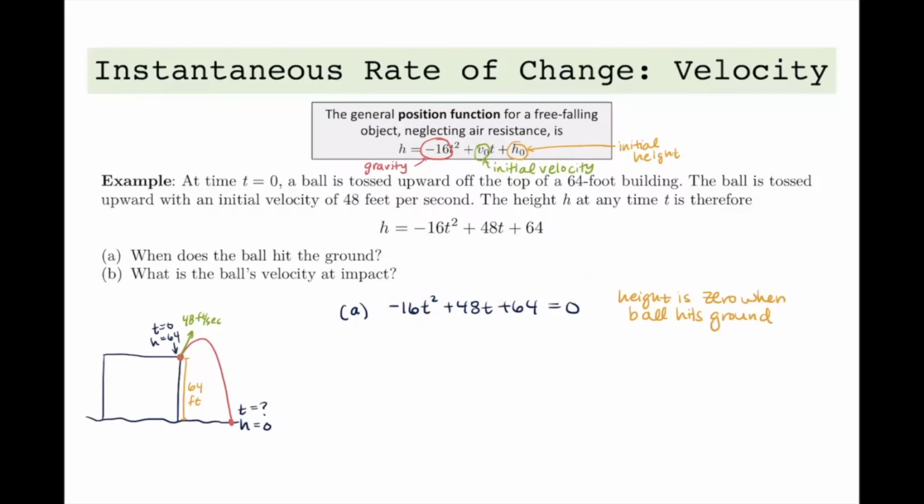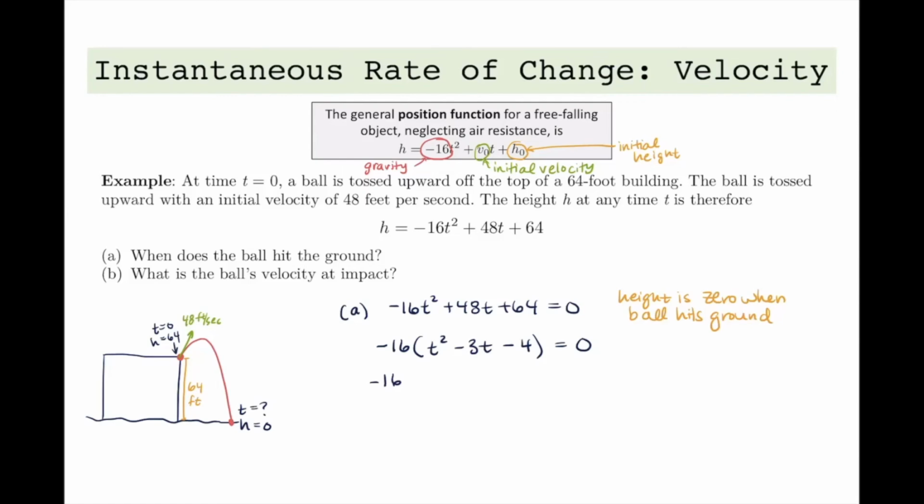It would be nice to take out a negative 16 as a GCF from each term, and each of these numbers is divisible by negative 16. If we factor that out, we get t squared, then 48 divided by negative 16 gives us negative 3t, and 64 divided by negative 16 gives us minus 4.